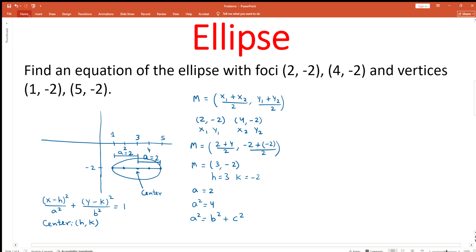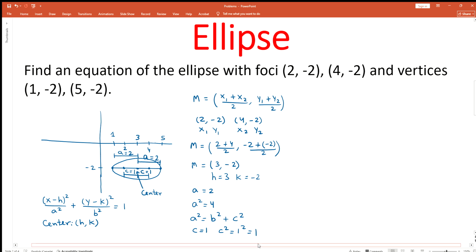As we can see in the sketch, the distance from the center to the focus point on the right side is 1 unit, so c is equal to 1. The distance from the center to the focus point on the left side is also equal to 1. So c is equal to 1. Therefore, c squared is equal to 1 squared, which is equal to 1.